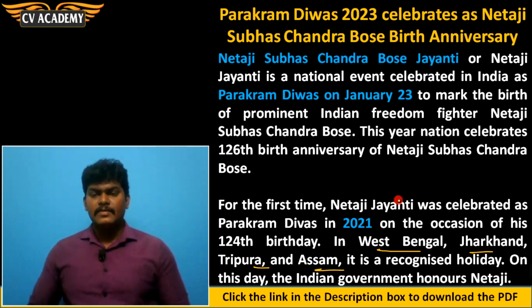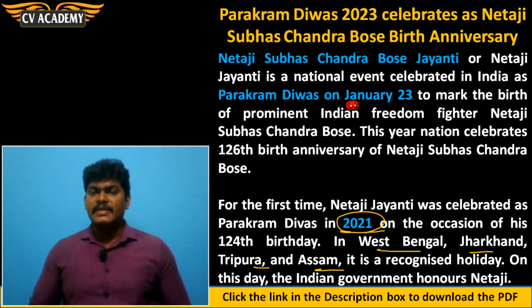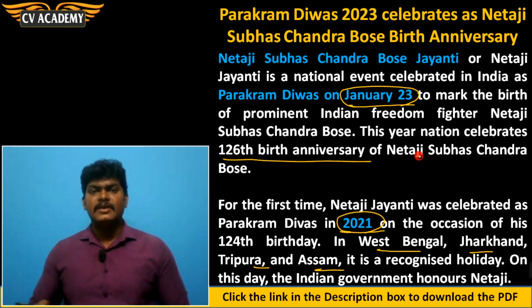This day has been celebrated since 2021, when the government decided to celebrate 23rd January as Parakram Divas. This year also we celebrated January 23 as Parakram Divas. It is the 126th birth anniversary of Subhash Chandra Bose sir.